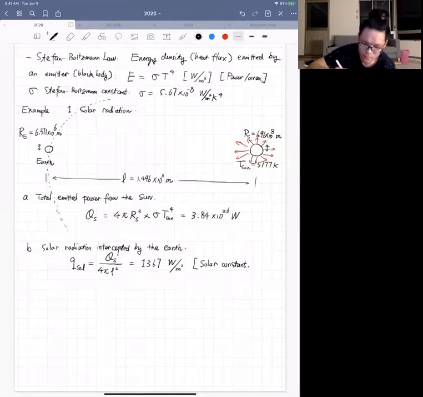So this number basically gives us the upper limit of what we can do with solar energy, because this is the amount of solar energy that arrives on top of the Earth's atmosphere. Unless one day we have some technology in space, then we can think of better ways to harvest solar energy.